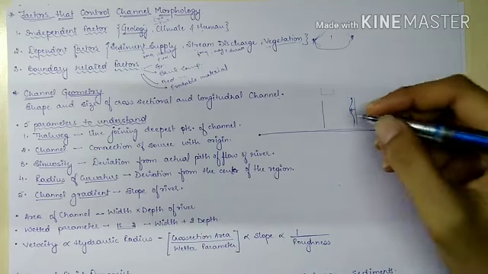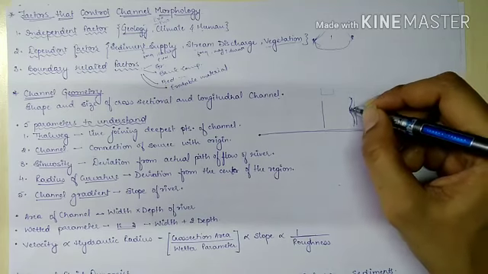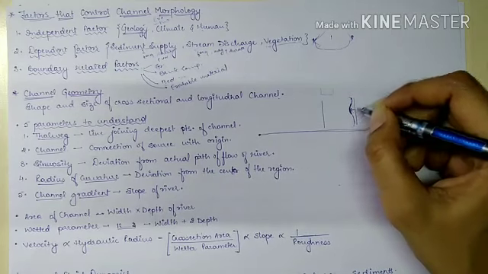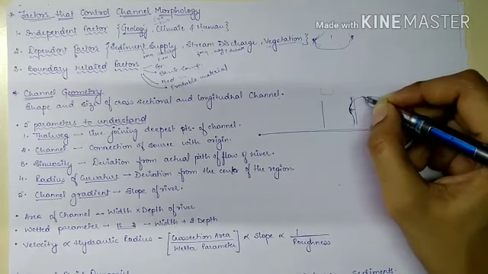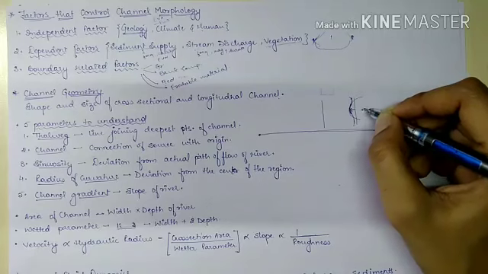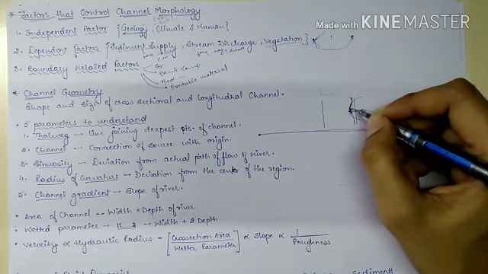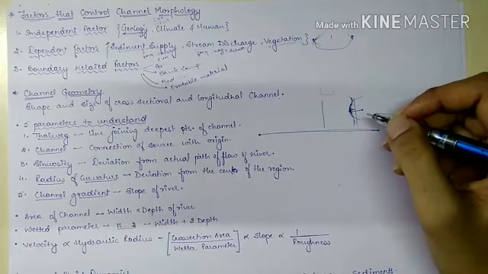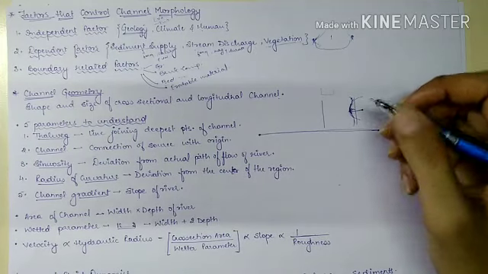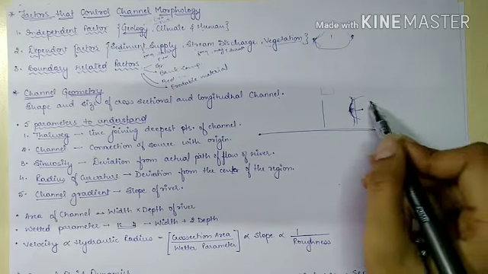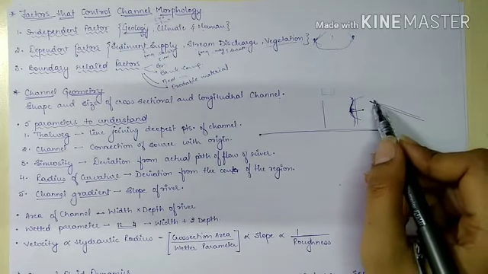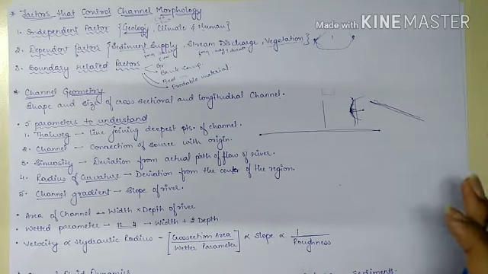Radius of curvature relates to the deviation from the center of the region. If this is the deviation, it must have some center. So this is the radius of curvature. Next is channel gradient. Channel gradient is the slope of the river.